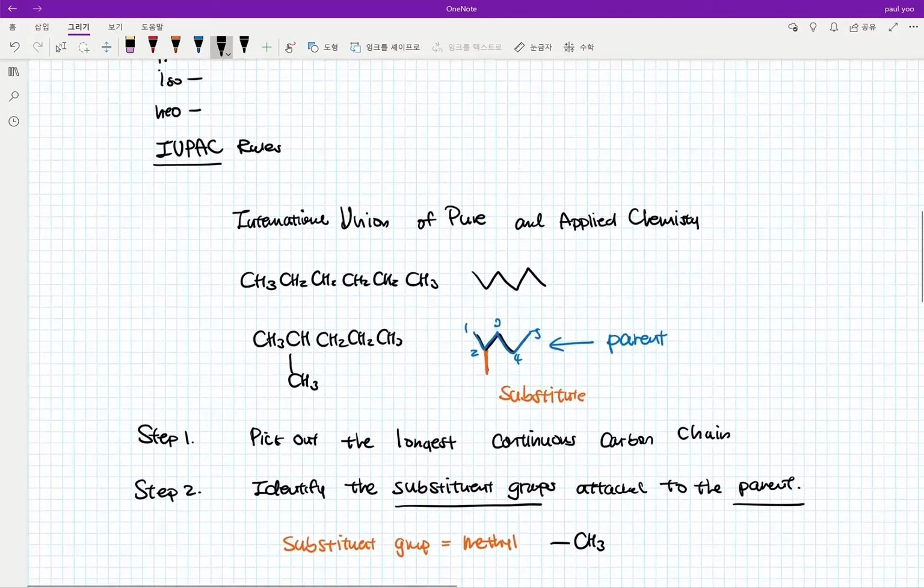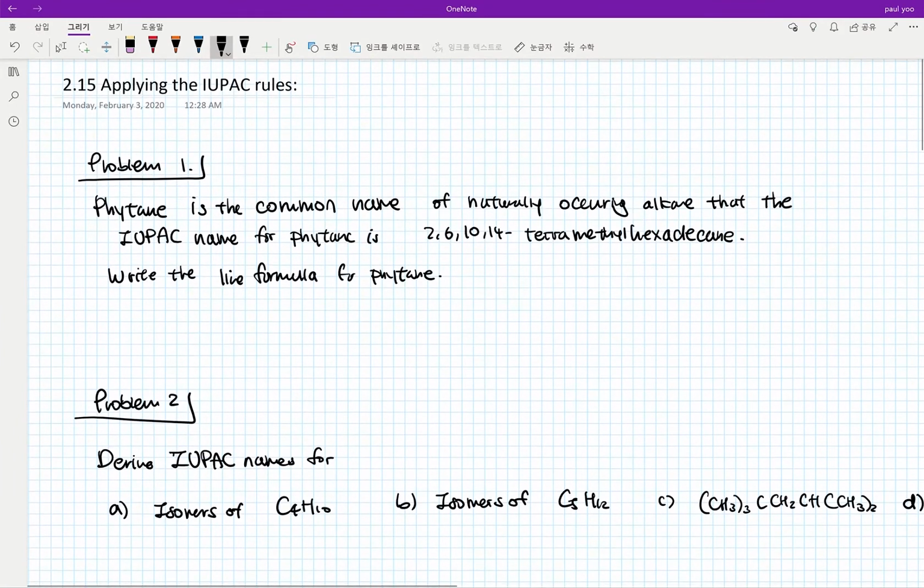So let's go to problem 1. Phytane is the common name of the naturally occurring alkane, and the IUPAC name for phytane is 2,6,10,14-tetramethylhexadecane. So we see 4 same substituent groups, tetramethyl.